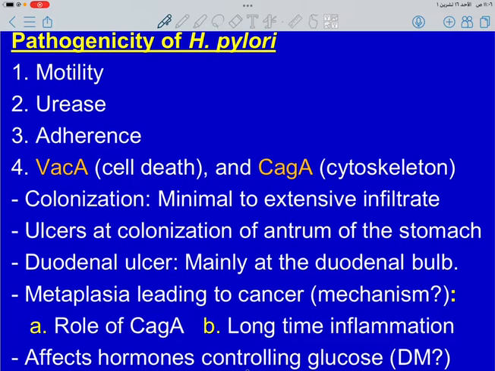While in the duodenum, it is mainly in the duodenal bulb. Can it occur elsewhere? Yes, but commonly, I am saying commonly.